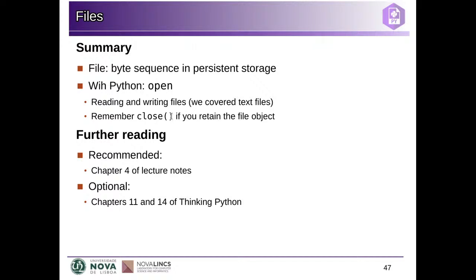If you don't close the file, then it may happen that things don't get written there and you don't have anything in the file. Also, closing the file lets the operating system know that you're no longer using the file. So if you're reading with read lines, Python will close the file automatically, but usually when you're writing and using the file object repeatedly, you should close the file, otherwise you may have some errors there.